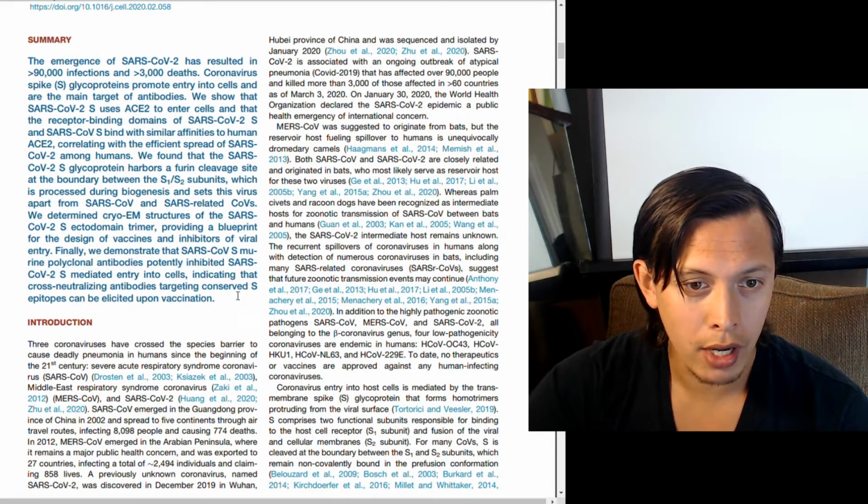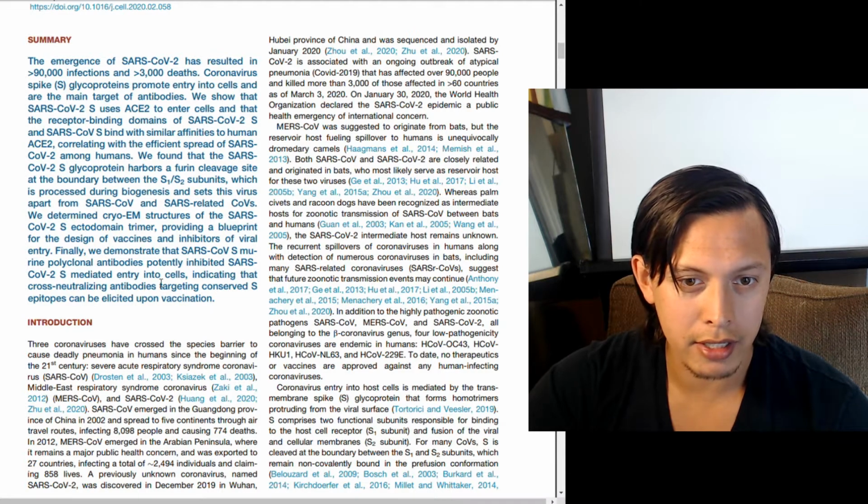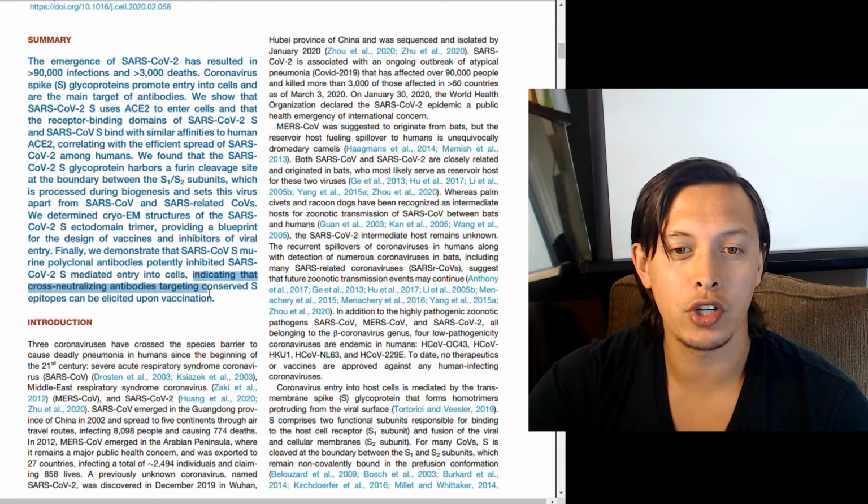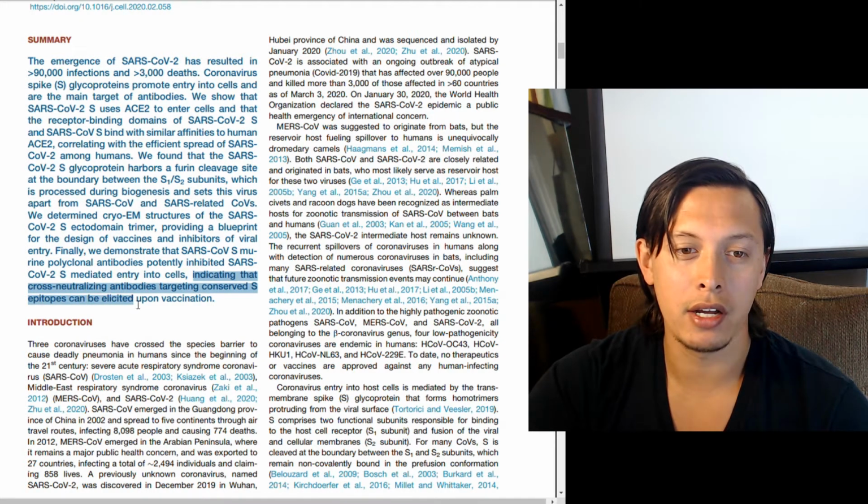So, this is indicating that cross-neutralizing antibodies targeting conserved S epitopes can be elicited upon vaccination.